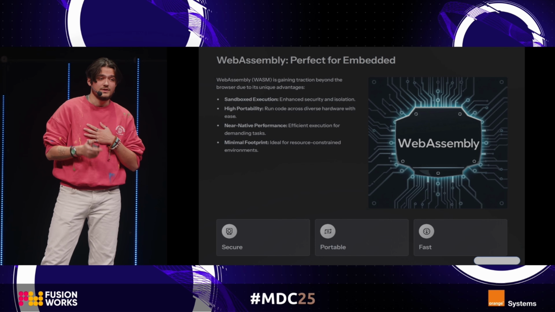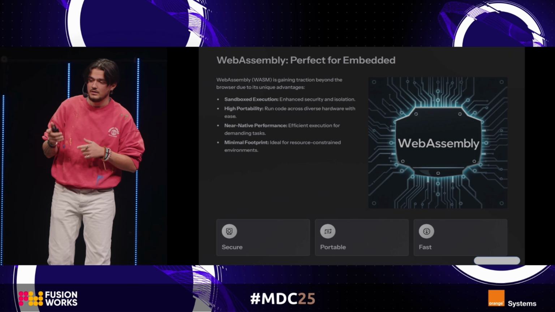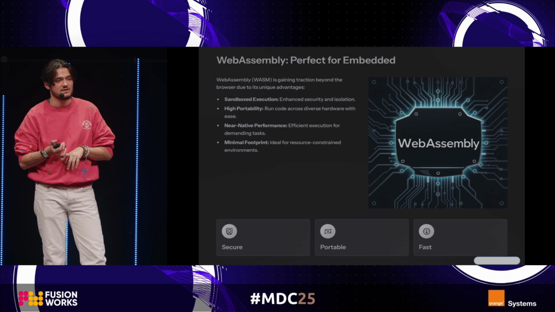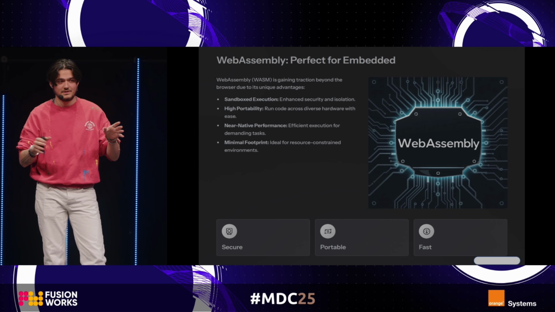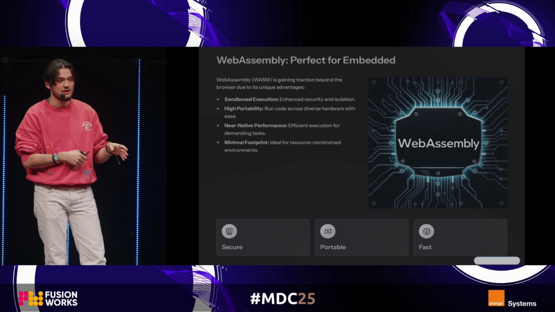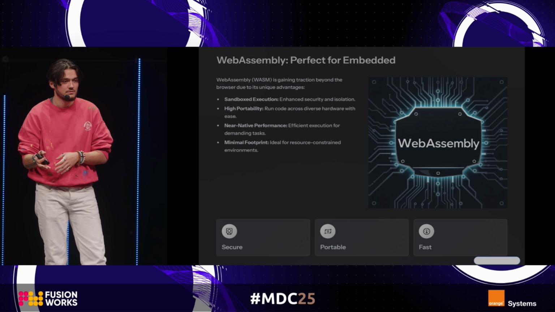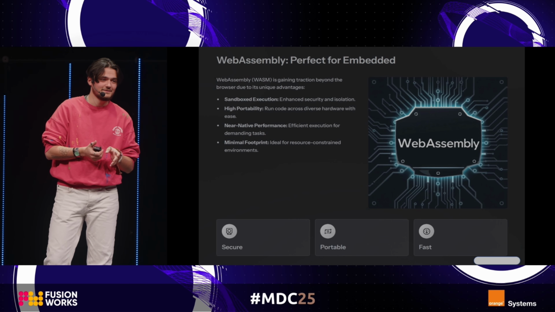So the difference between the old one and the new one is that we have sandboxed execution, so no hard faults anymore. It will work, and even if it crashes, it will not burn your house. Did you hear about Samsung burning? Anybody?